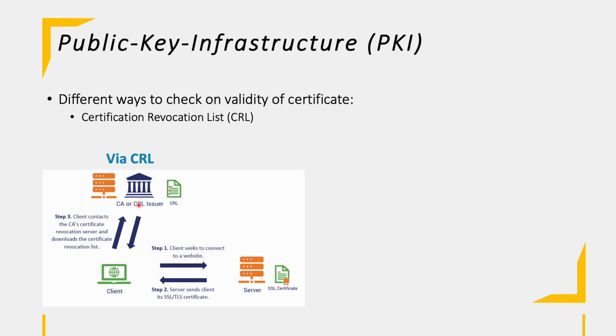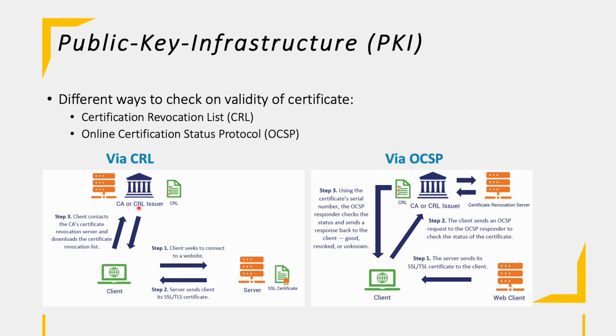If not, it checks if the validity is still ongoing, and then will trust the certificate from the server. Then we also have the Online Certification Status Protocol, OCSP, which handles a little bit differently because it's a little bit more dynamic here.